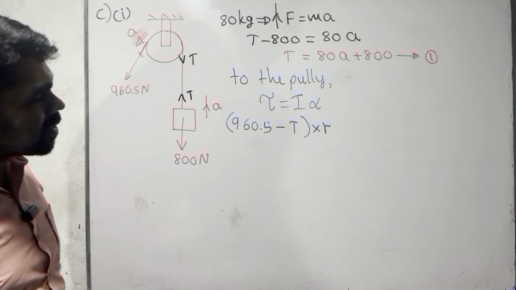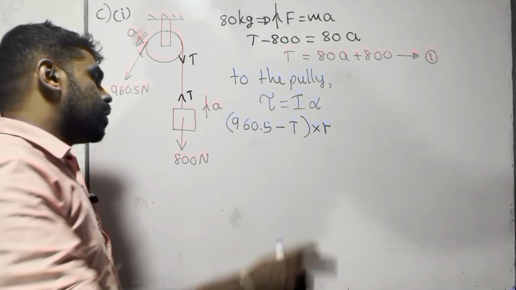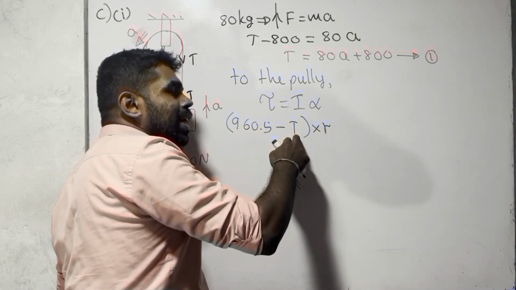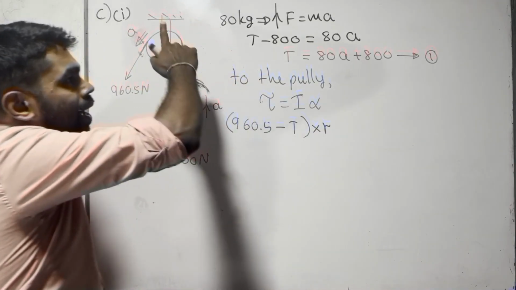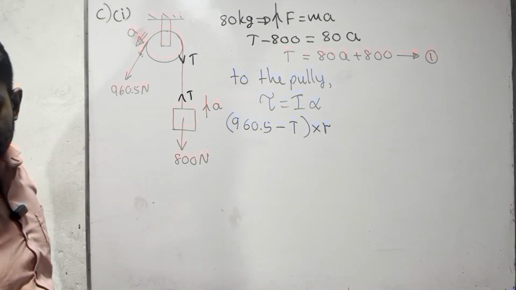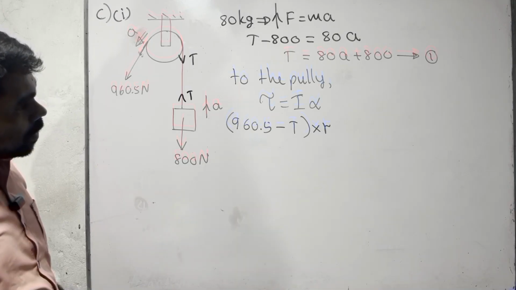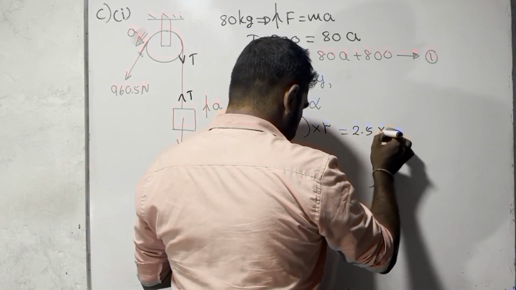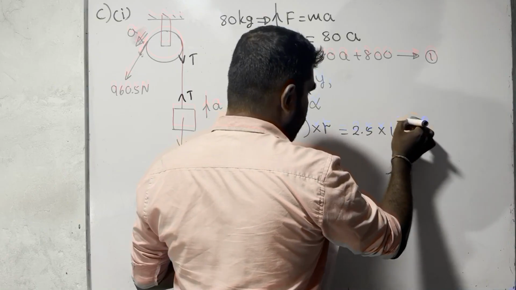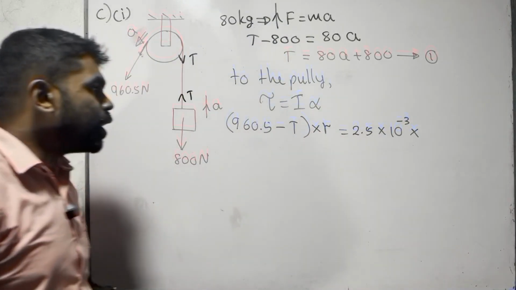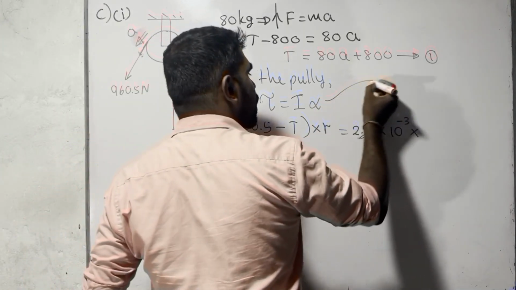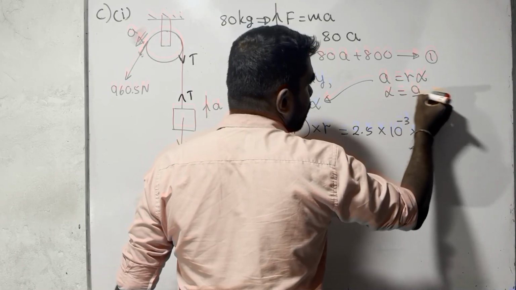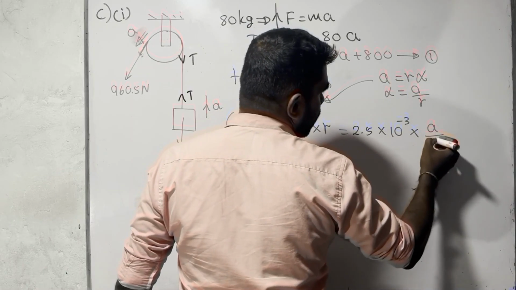Now I have considered the resultant torque. When getting the resultant torque, we get 960.5 into R minus T into R, because T into R is the torque in the opposite direction. The moment of inertia of the pulley is given as 2.5 into 10 to the power minus 3. We can substitute alpha using A equals R alpha. Then alpha equals A divided by R.